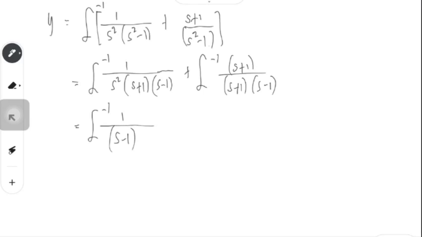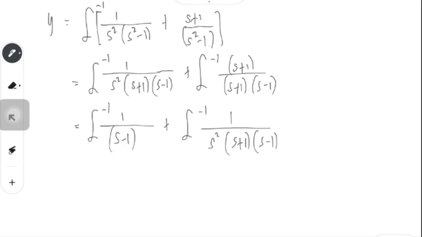Plus, ito, dito tayo magkakaproblema. It is not on the standard form. Ano ang kalalabasan niyo?